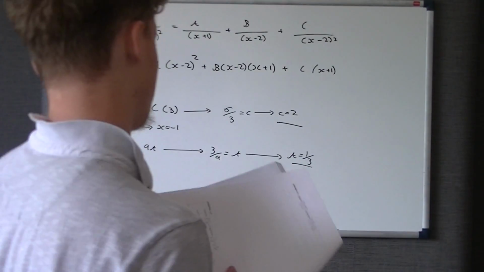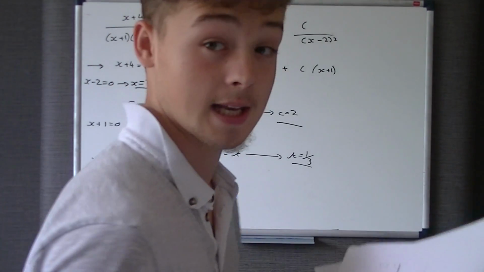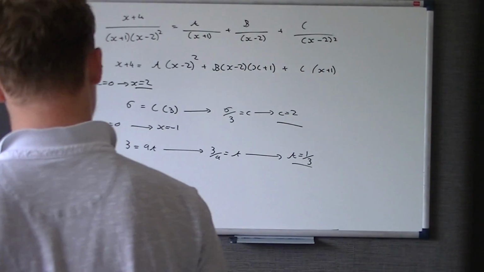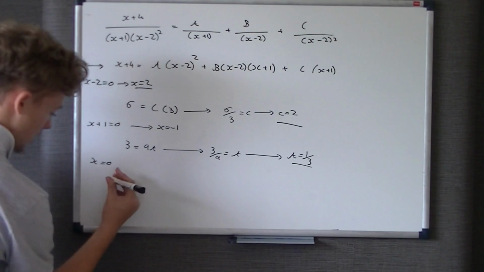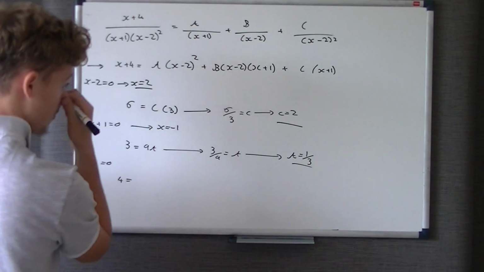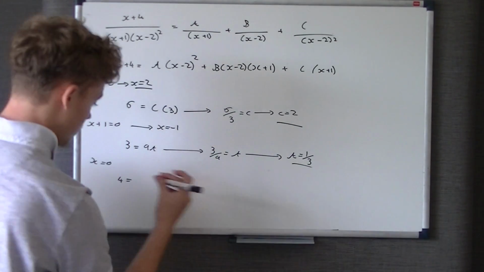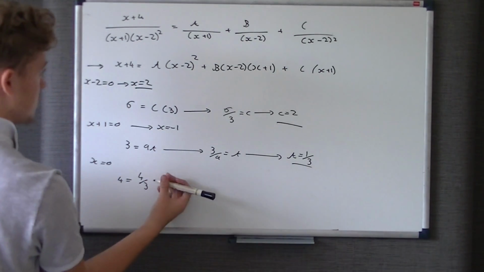So what we're actually going to do is put in the values of c and a, which there was a reason for doing, put them into what we've got, and then simplify that down to get b. So x was 0, so it just becomes 4. A times minus 2 squared being 4, so it's 4a, so whatever a is, a third, it becomes 4 over 3, because 4 times a third is 4 thirds.